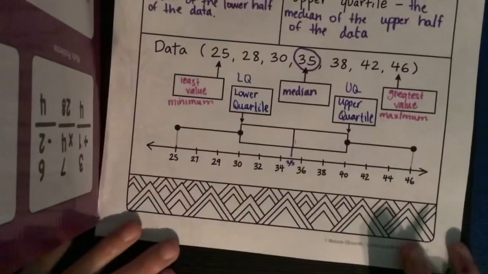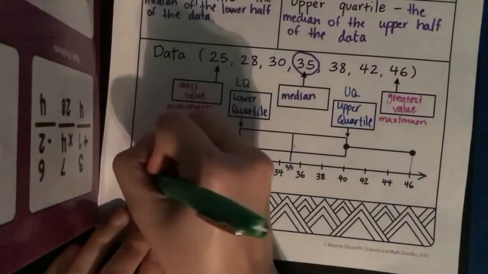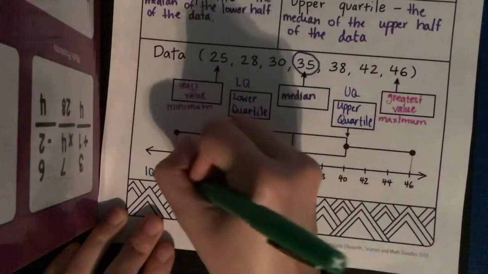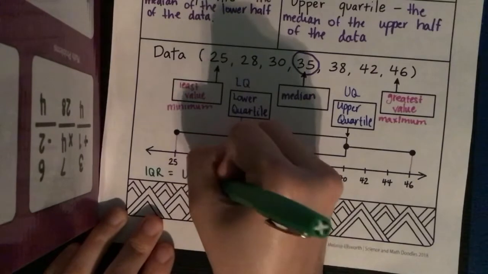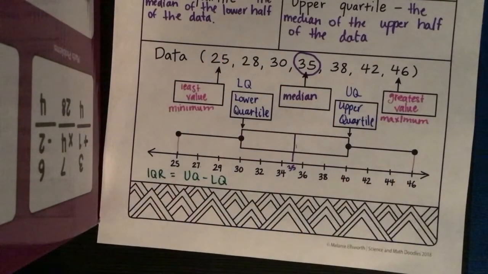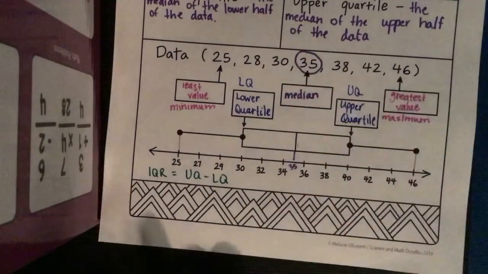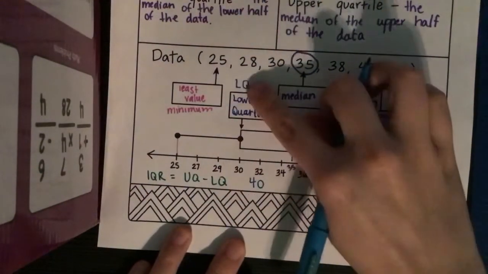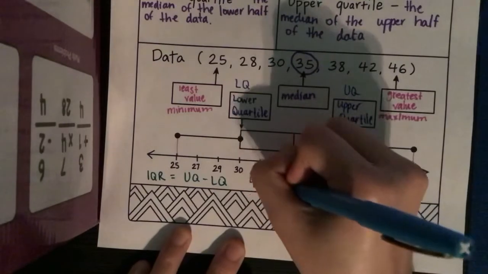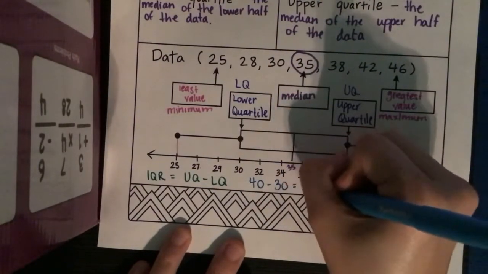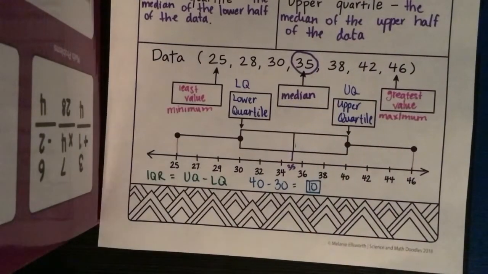So on our graph, to find the IQR equals the UQ minus the LQ. So if I look for my UQ represents 40. And then my LQ represents 30. So 40 minus 30 would give me 10. So the inner quartile range would be 10.